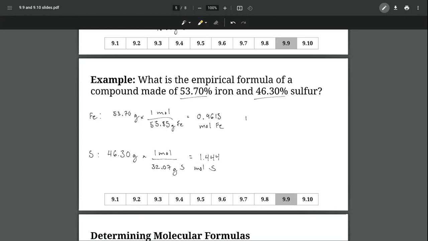That one's the smaller one. And then 1.444 divided by 0.9615 is going to be about 1.5. Now, we could write it as FeS1.5, but that's a little icky, so you're just going to multiply these by 2 to get a nice whole number of Fe2S3. And Fe2S3 is your final answer for that.